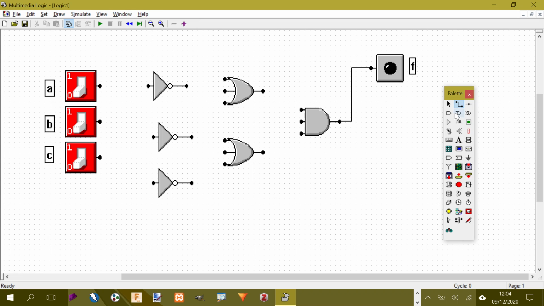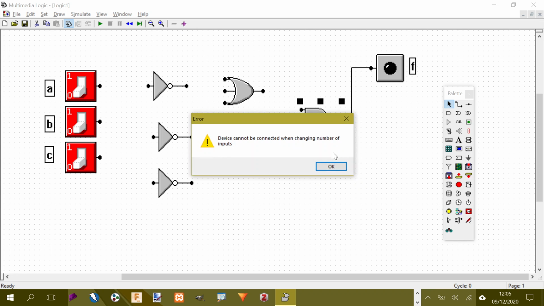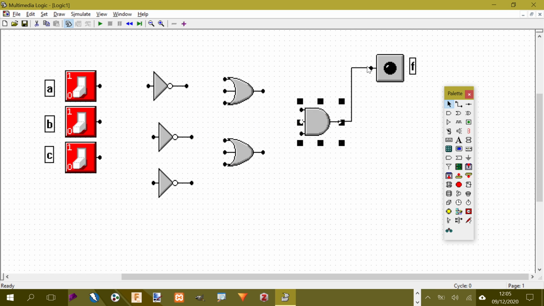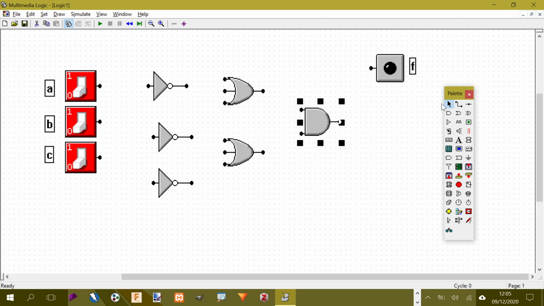Oh, that actually only needs to be a 2 input AND gate, of course, because we've only got 2 max terms coming into it. Whoops, can't change it while it's wired, so just dewire it and then change it to a 2 input. Better. And then wire it back up. Okay, and that's going to bring them together at the end, so ORs into ANDs.